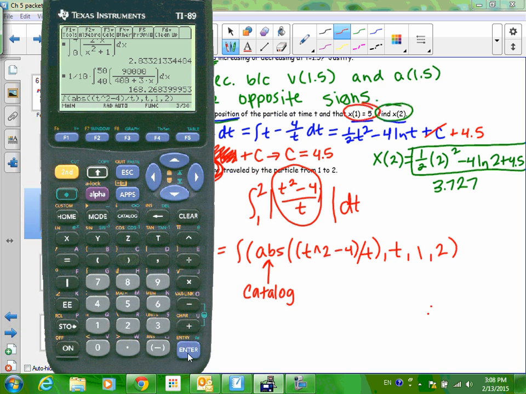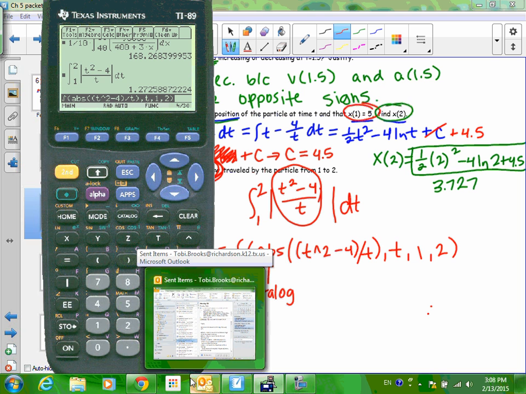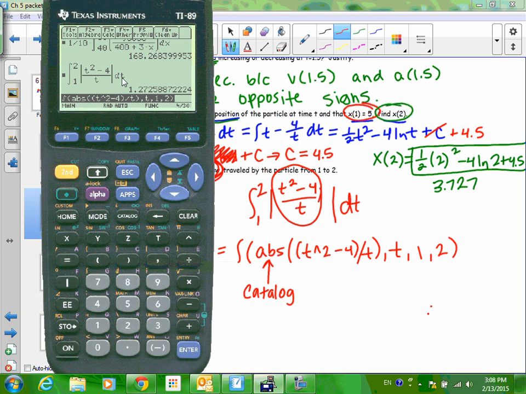Of course, we could be using x if we wanted to. And it takes a second. And so we get 1.273.